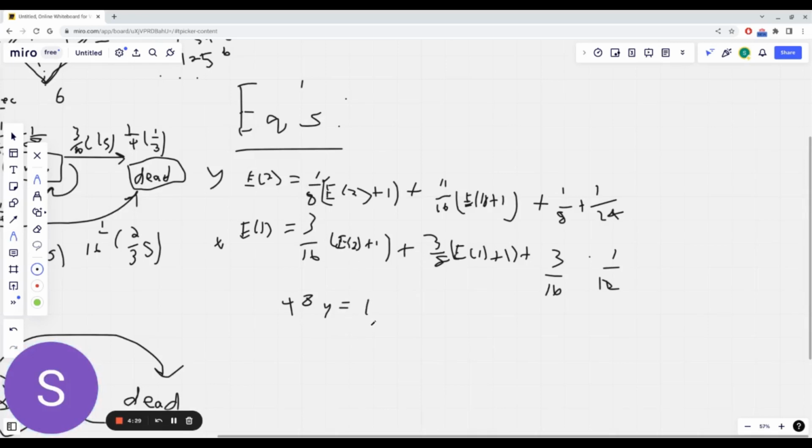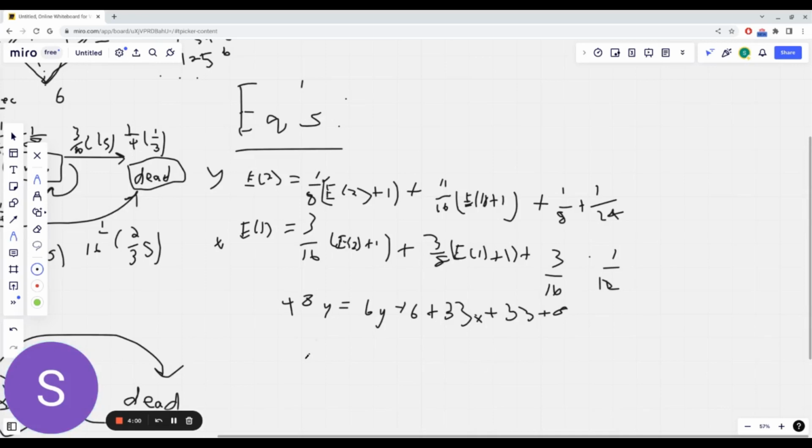So it's going to be 6y plus 6 plus 33x plus 33, and then 1/8 becomes 6, 1/24 becomes 2, so we add 8.